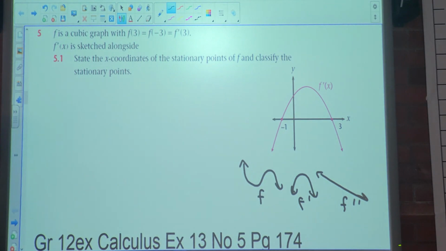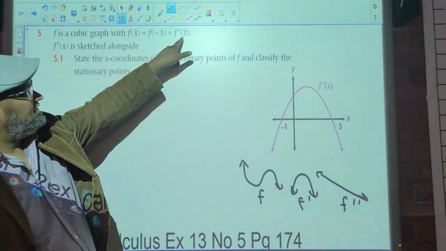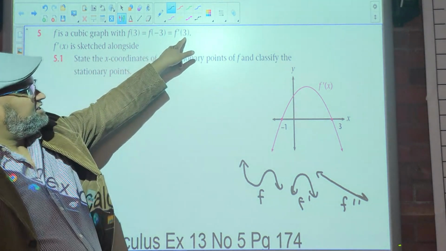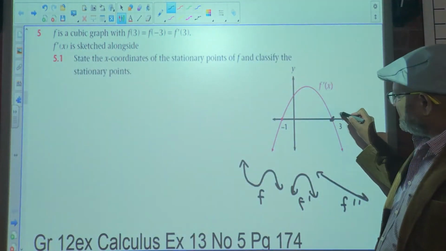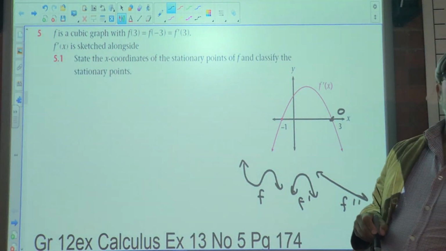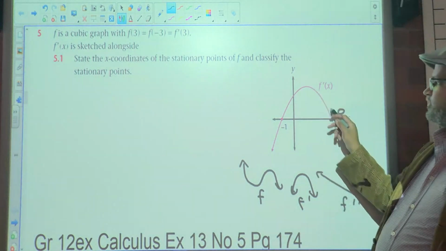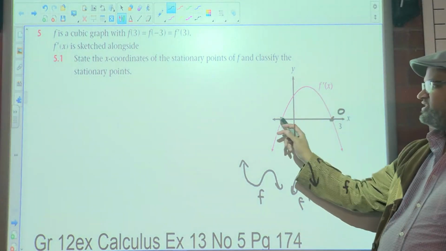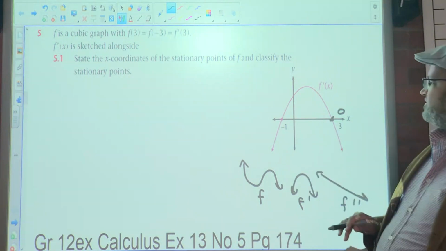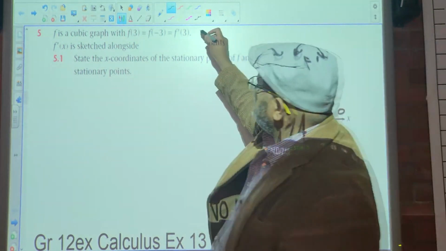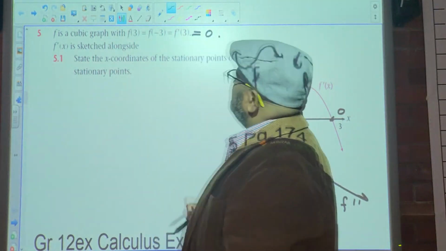Alright? So if you're looking at f prime of 3, what happens at f prime of 3? This is actually 0 here. Not so, because the x-intercepts of your first derivative are actually the turning points. The x values are the turning points of the original function. So in other words, this is equal to 0 here.